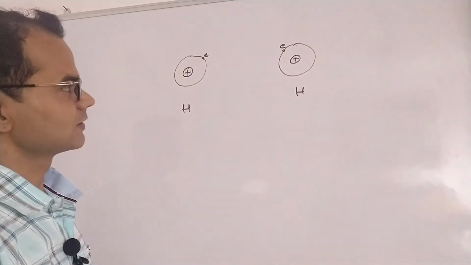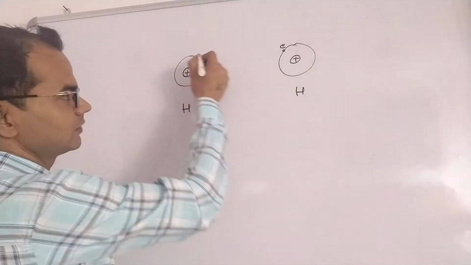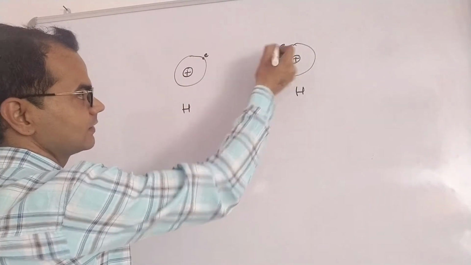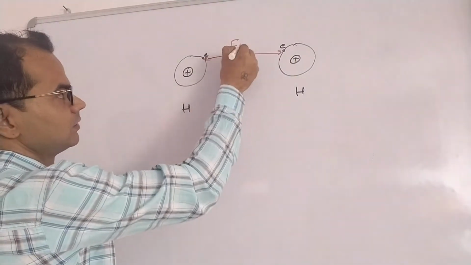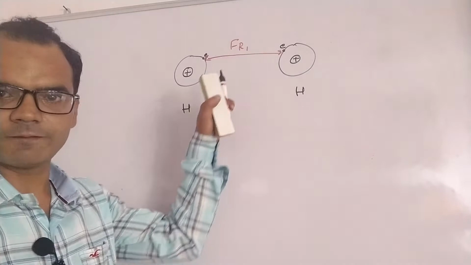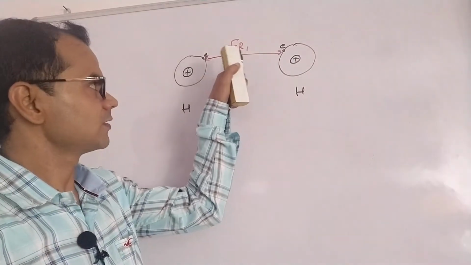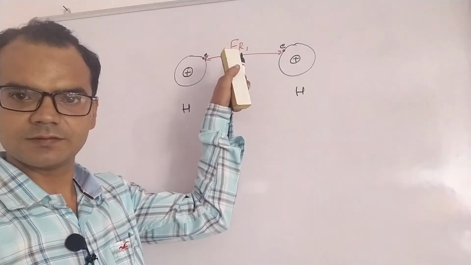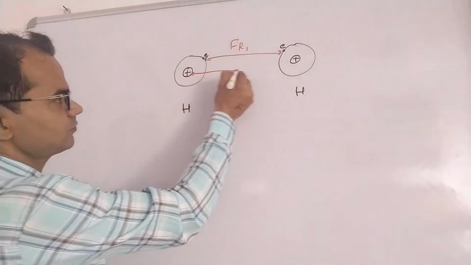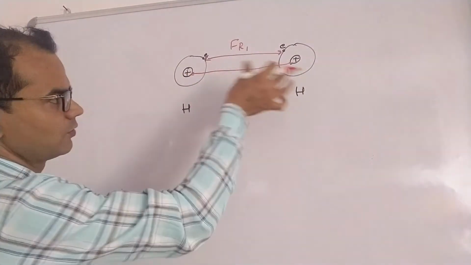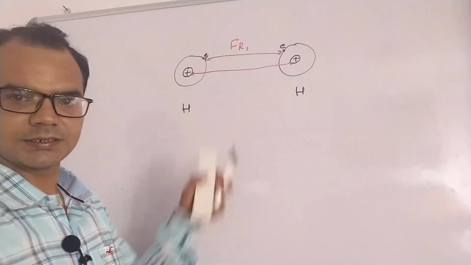Let's see the forces. This electron and this electron will repel each other. That is Fr1, which represents the first repulsive force. Similarly, this nucleus will repel this nucleus because like charges repel each other.